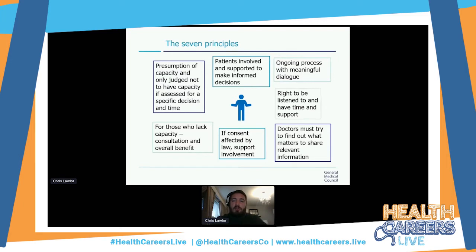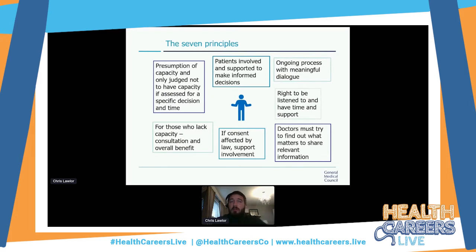They will tell you personal information that they've perhaps never shared with their husband or their wife or their children or whoever it might be. They share that information with you because they are confident that it will remain confidential and you won't share it with anybody else. So patient confidentiality is absolutely key.